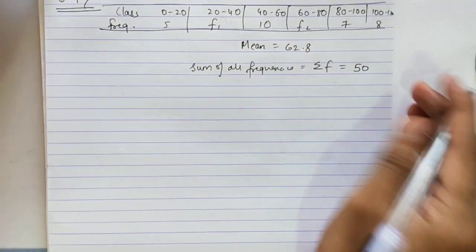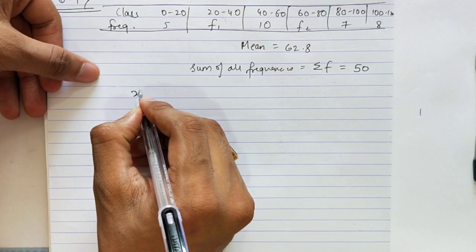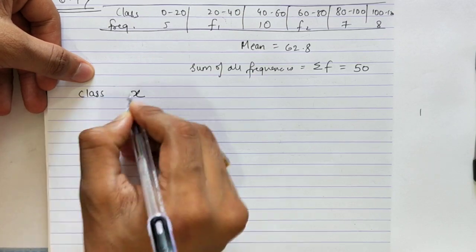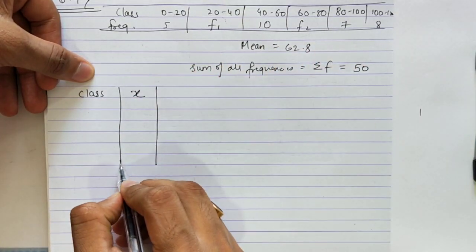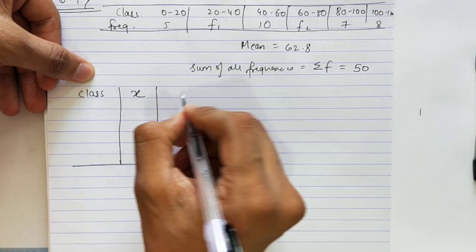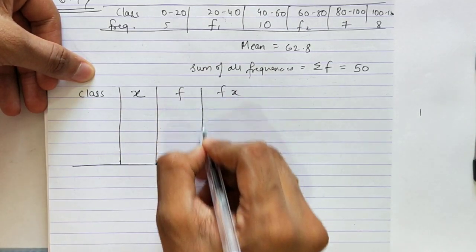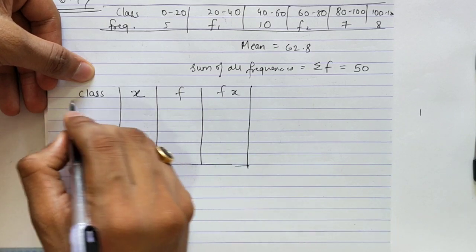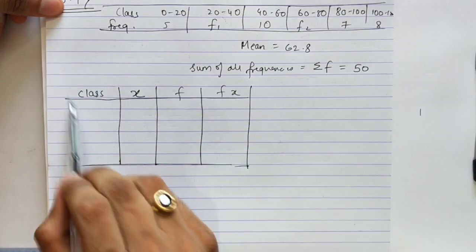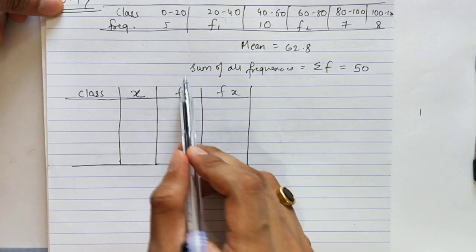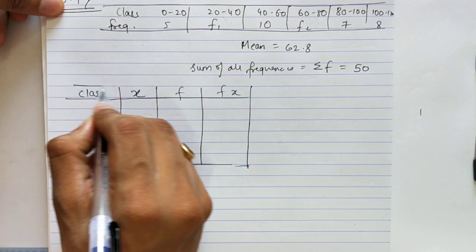So let's make a table. Six values. You have to learn this pattern where you must directly know first we have to write class, then x, then f, then fx, because this is direct method.